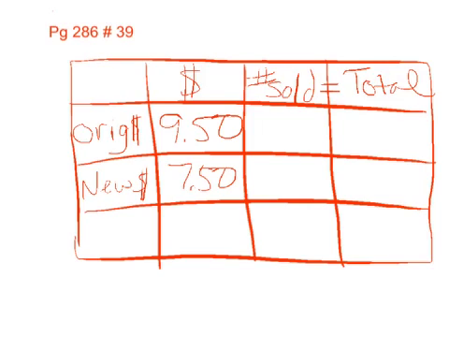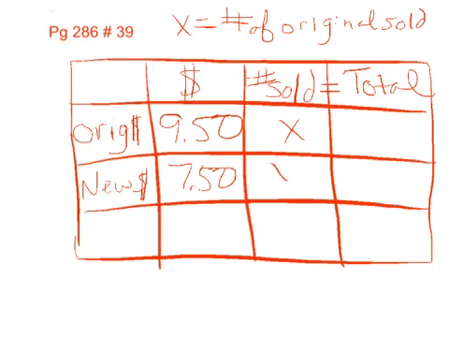Now, we don't exactly know how many original were sold, so that will be X. That will be the number of original sold. And our Y is the number, we'll call it the new sold.